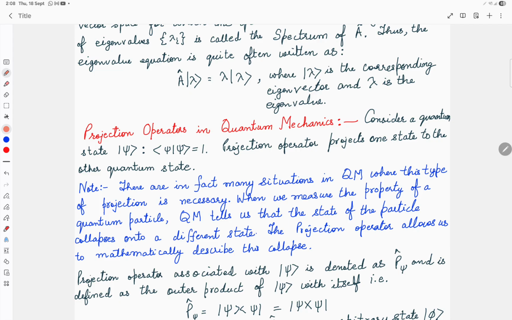So at the time of measurement, the state may collapse, and in that case we use the projectors. The projection operator allows us to mathematically describe this collapse, because before the collapse the quantum state is different, after the collapse the quantum state is different. We can use the projection operator to explain the quantum collapse in mathematical terms.